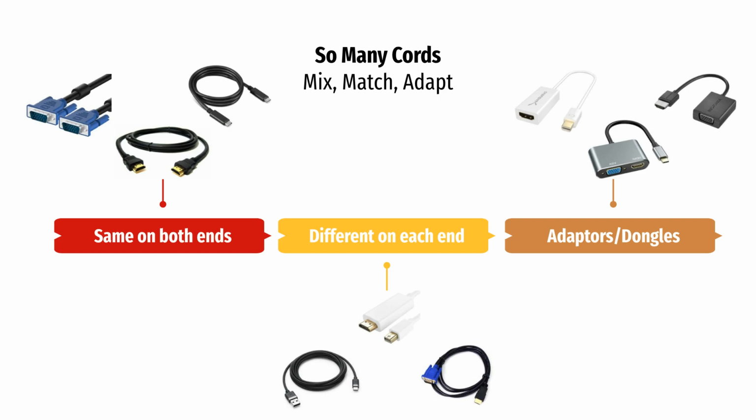And then additionally, when we have an existing cord that doesn't connect to what we're looking for it to connect to, we can use either an adapter or a dongle to change the way that connects. Generally speaking, you can't really get away with more than one adapter or dongle. It starts to break down the quality of the visuals or the audio that's being shared.